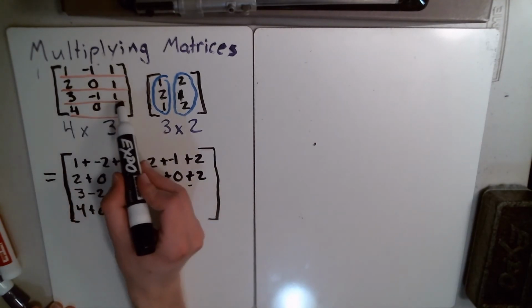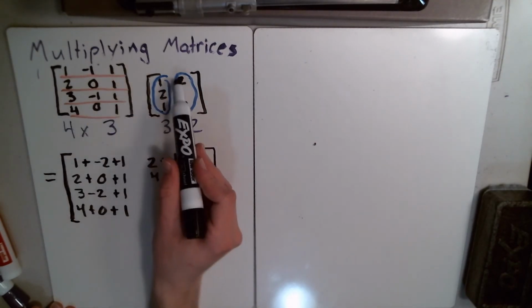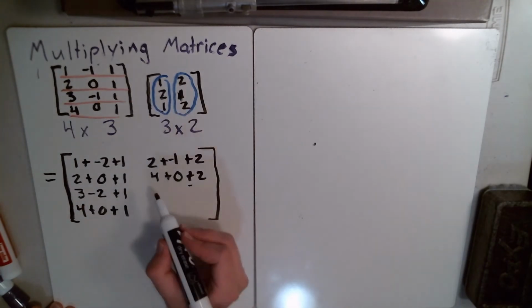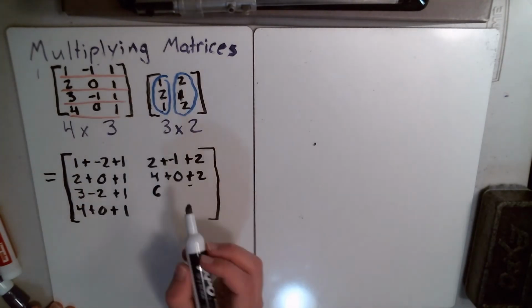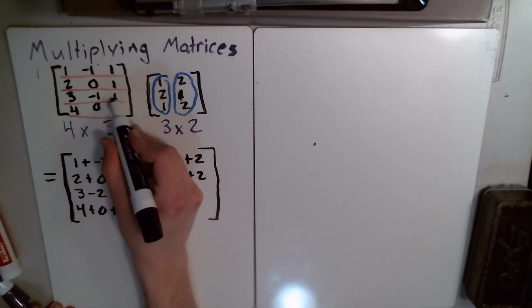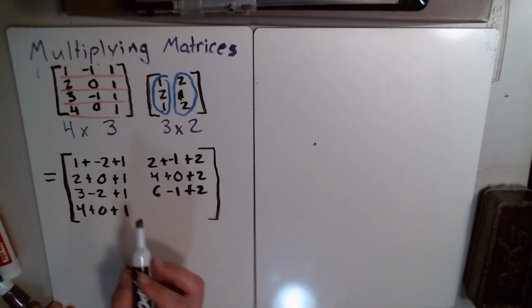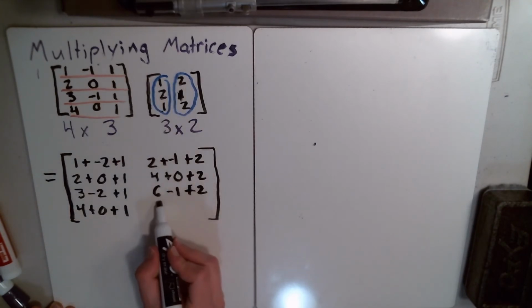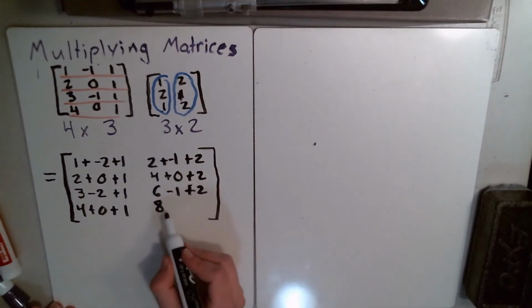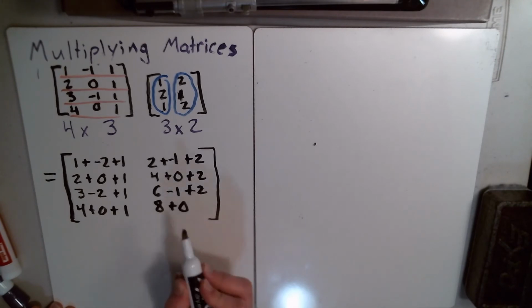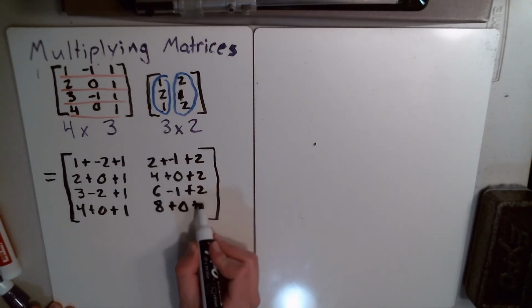Now we do this row, this column: 3 times 2 is 6, -1 times 1 is -1, 1 times 2 is 2. Then 4 times 2 is 8, 0 times 1 is 0, and then 1 times 2 is 2.